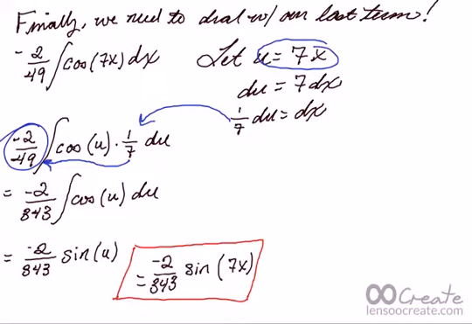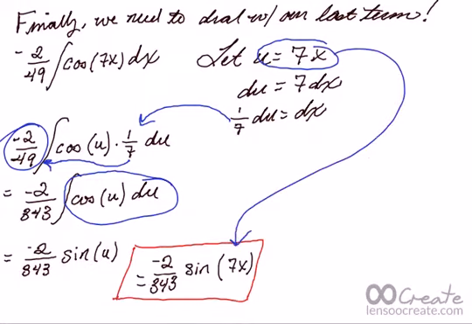So now all I'm going to do is integrate this lovely term right here, which is super easy. Once I integrate that, I'm going to get negative 2 over 343 sine of u. Well, that's easy, right? The only thing we have to do before we move on is plug u back into that. Can't forget to do that, guys. We have negative 2 over 343 sine of 7x.